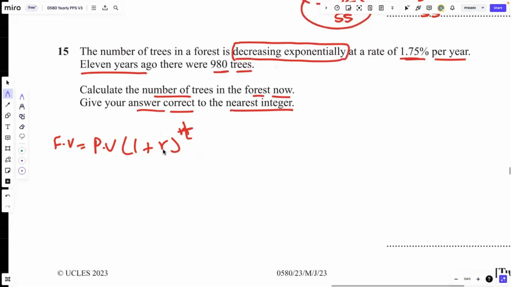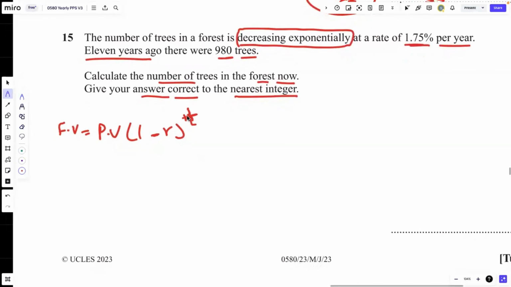This formula works perfectly fine if the examiner said exponential increase. But it's actually exponential decrease, so we'll have to use the minus version of this formula because of the decrease, and this is going to be time in years.